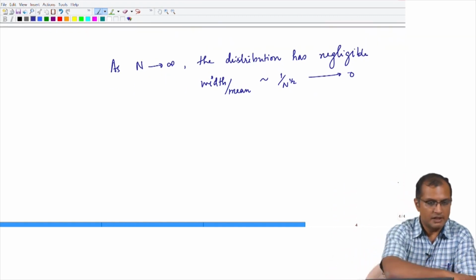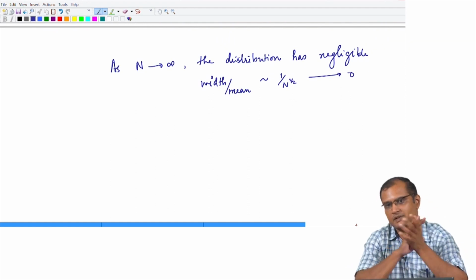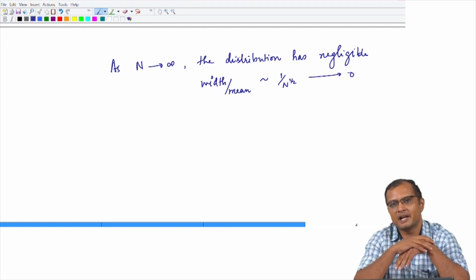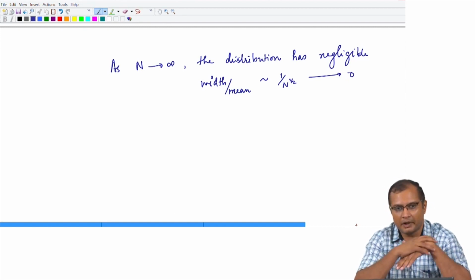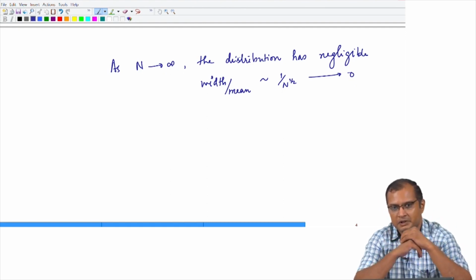It is not the width alone that decides your property of the distribution, it is also the mean of the distribution. Okay. Suppose you have 100 rupees in your pocket, and let us say your expenses are related to the uncertainty or the fluctuation of money in your pocket.